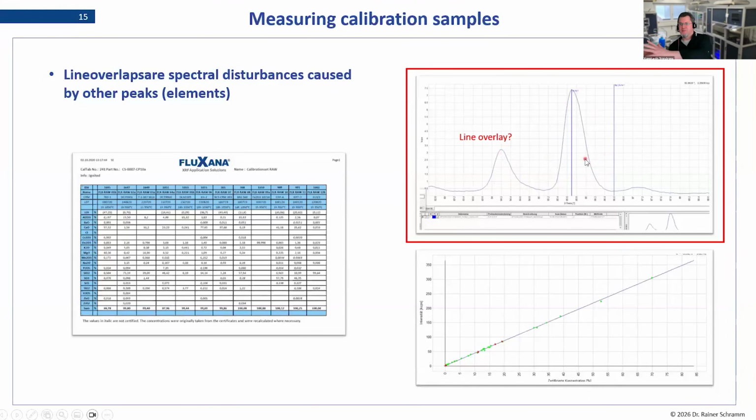Will it overflow at some point and create an artificial signal, which we would call a line overlap? And this needs to be investigated, and if we find one, we need to make what is called a line overlap correction. So we are making a correction on the intensity, on the measurement signal, before we then go into the mathematics of creating a concentration value out of our results.